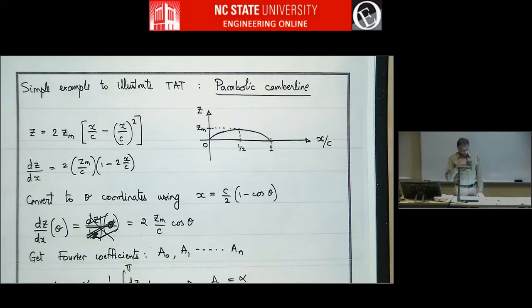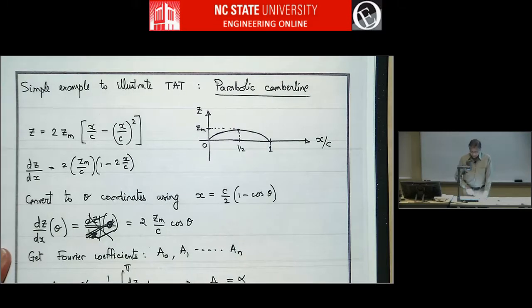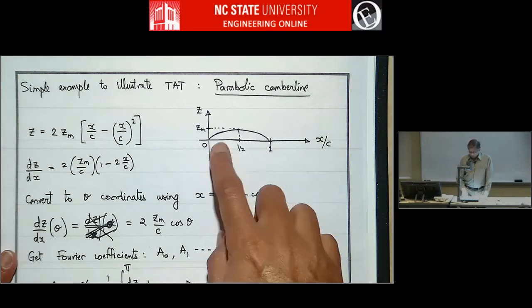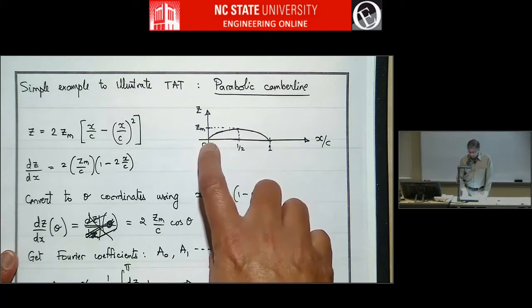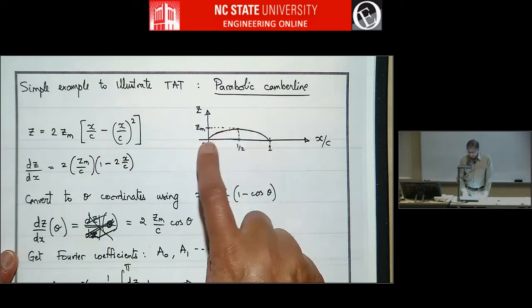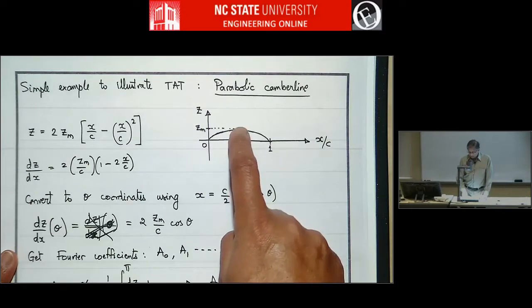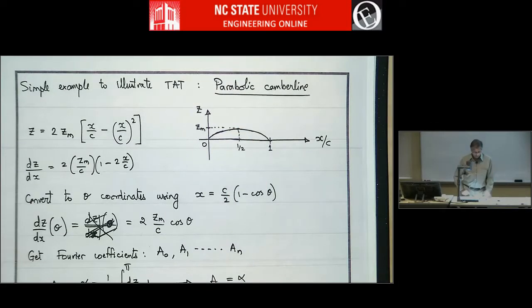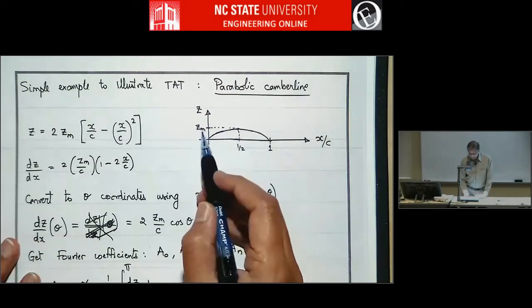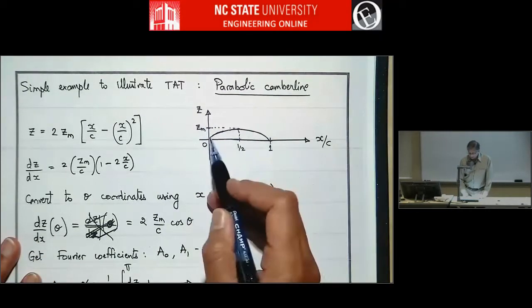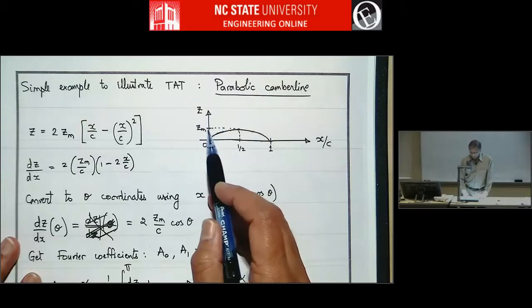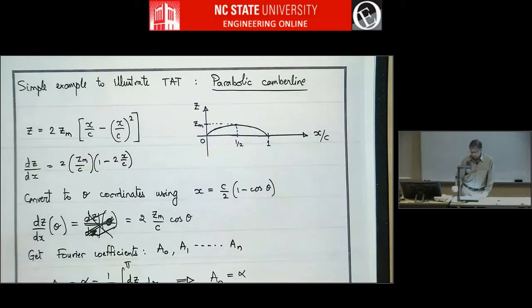And this shape is a parabolic camber line. So it's something like this. It's a parabola from x equals 0 to 1, and at the middle of the chord, half chord, it has got the maximum height, and that maximum height is Zm. So this is the x-axis and this is the z-axis, and Zm is Zmax.